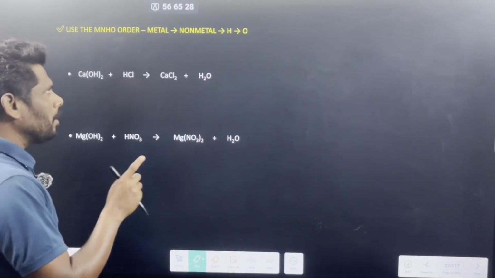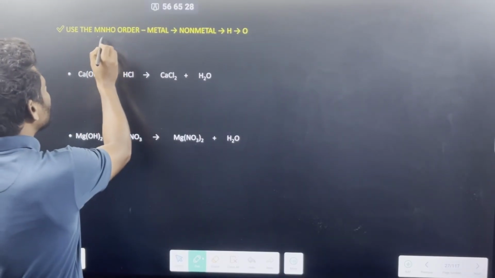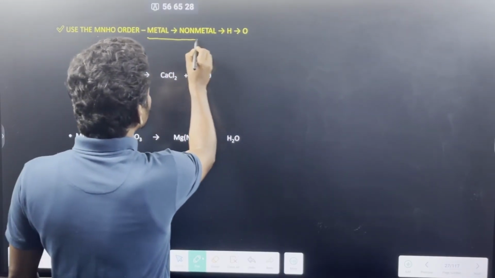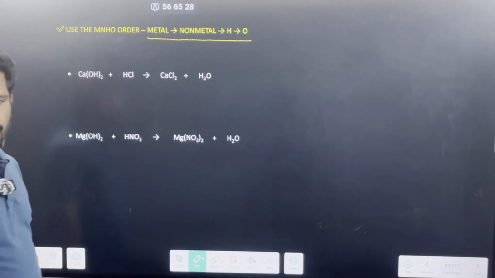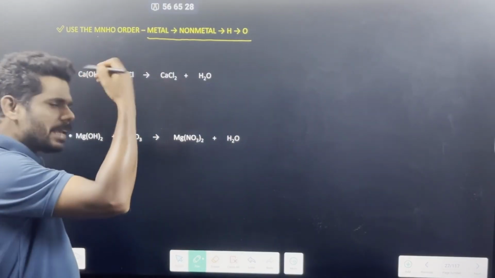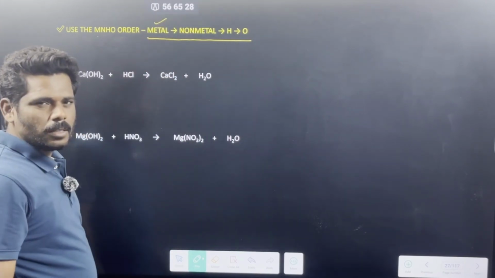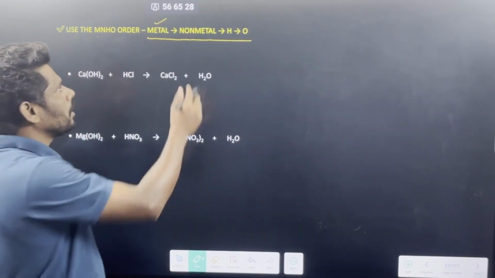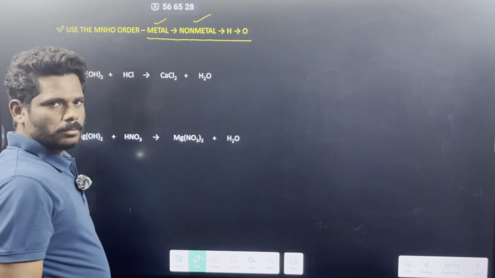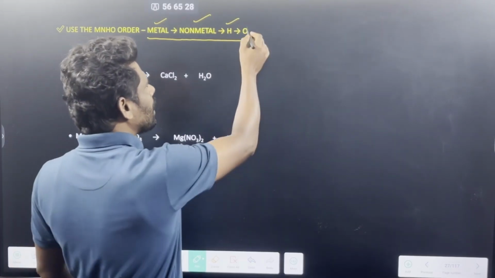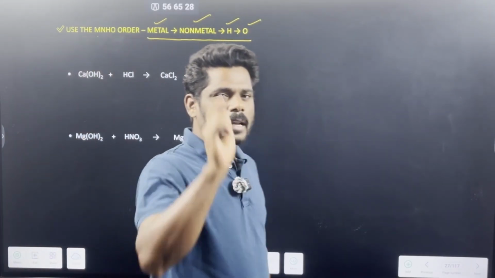Next, another simple hint I am giving you, always follow the MnHO order. That is, in any chemical equation, first try to balance the metals. That will be easy. Then go with non-metals. Then hydrogen, and balance the oxygen atom at last.